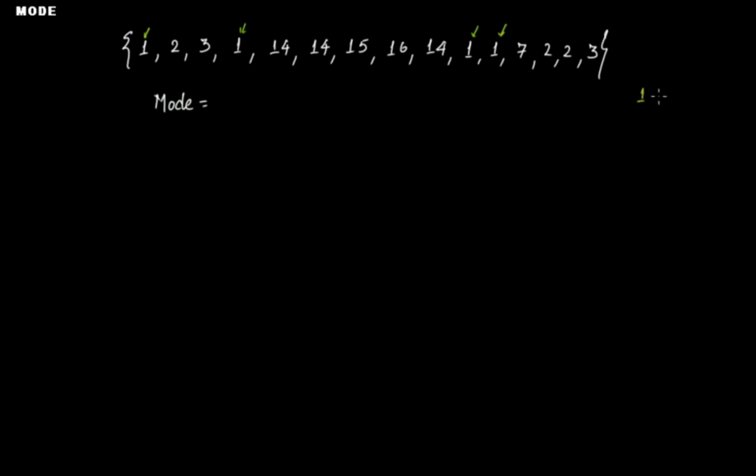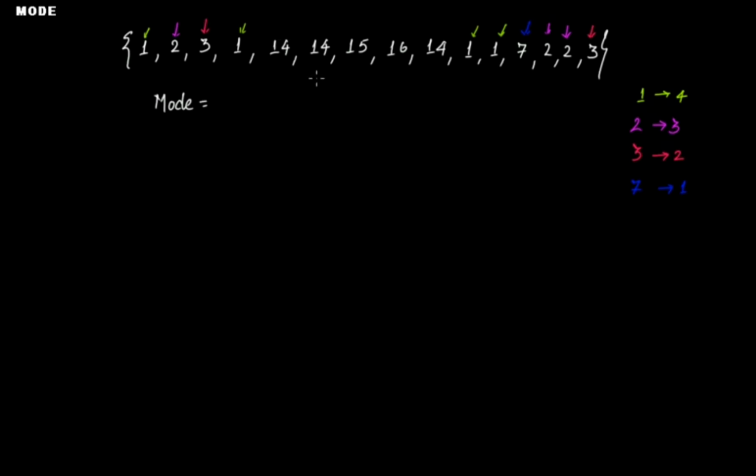So 1 is occurring 4 times. Then you have 2 here, 2 here, and 2 here. 2 is occurring 3 times. You have 3 here, and 3 here. So 3 is occurring 2 times. Then you have 7 here. 7 is occurring only 1 time.